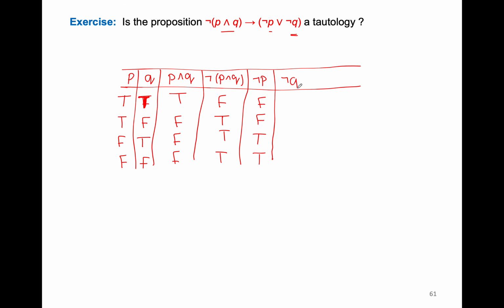Then we've got not Q. Not Q is: not true is false, not false is true, not true is false, and not false is true.